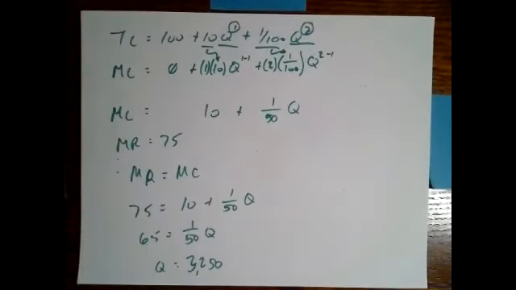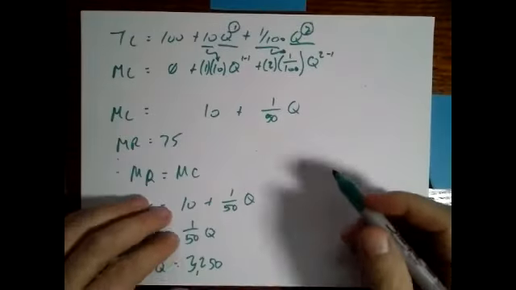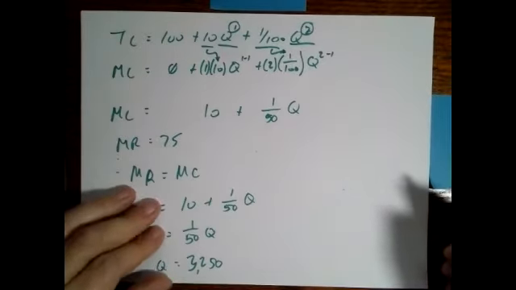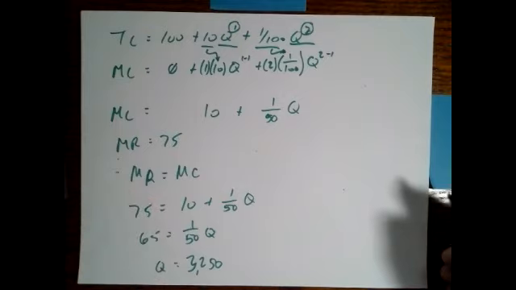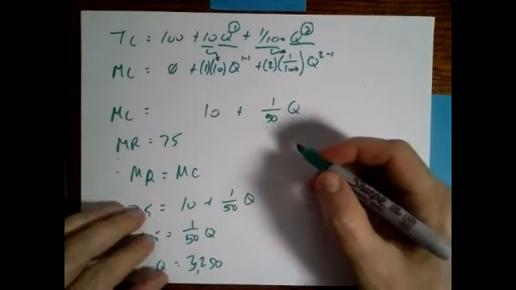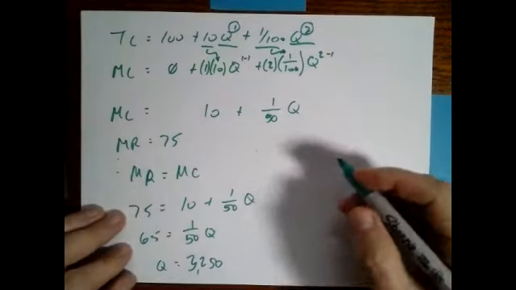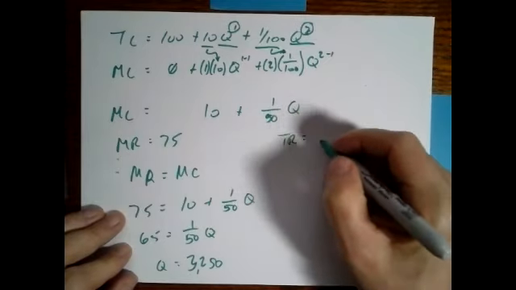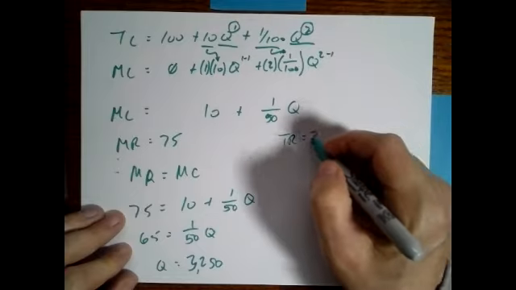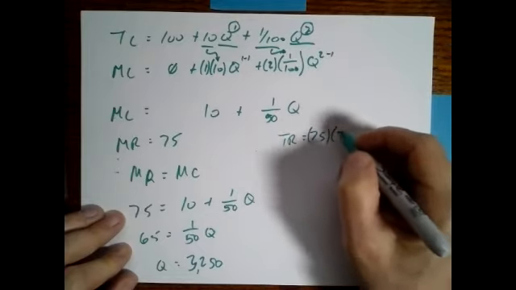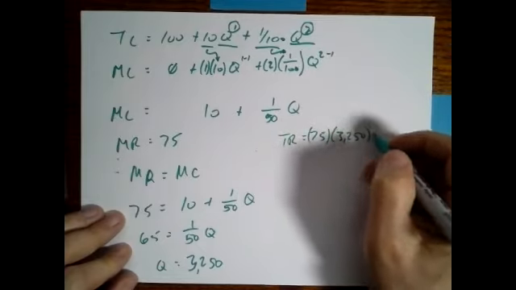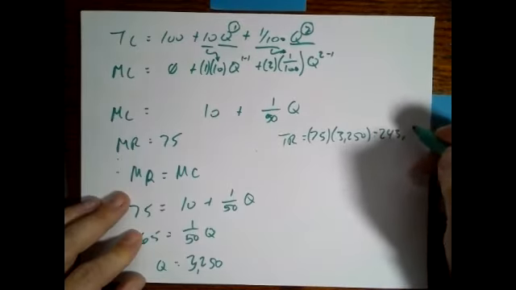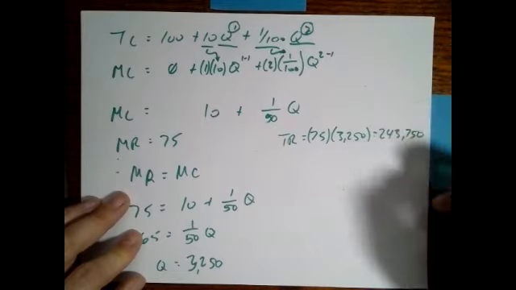So with that information, we can actually calculate the maximum profit that this clinic, let's say it's a clinic, could make. So we would take the total revenue, and we would say the total revenue is going to be 75 times 3,250, and that is going to be 243,750.